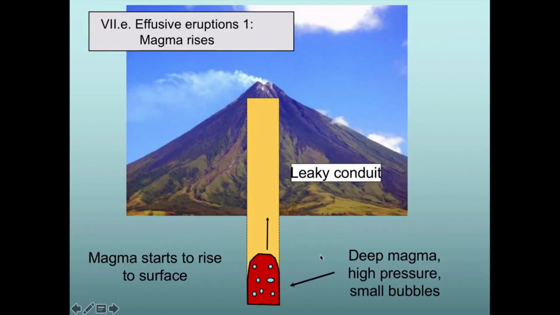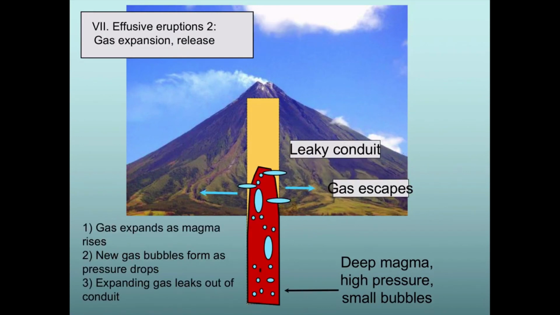So we're going to revisit this cartoon again here and show just a progression of how this might happen underneath a volcano like Mayon in the Philippines. If you have a leaky conduit and you start off with deep magma that's got a lot of gas in it, bubbles are starting to form. When the magma starts to rise to the surface, as soon as the new gas bubbles form and the pre-existing gas bubbles expand, the gas actually can just escape, leaks out of the conduit and into the volcano just to diffuse away.